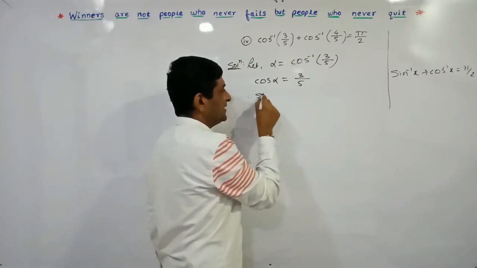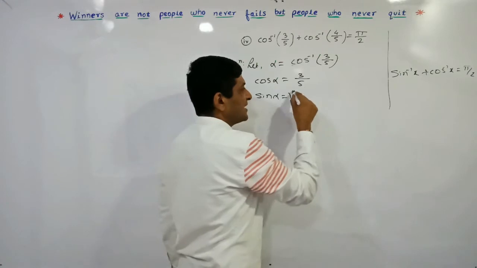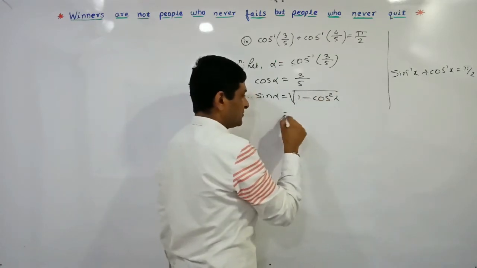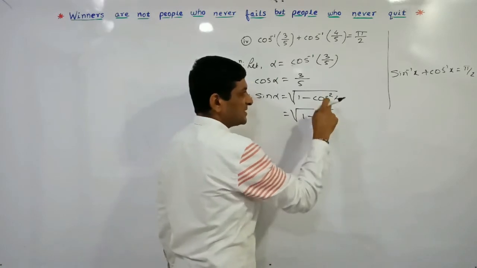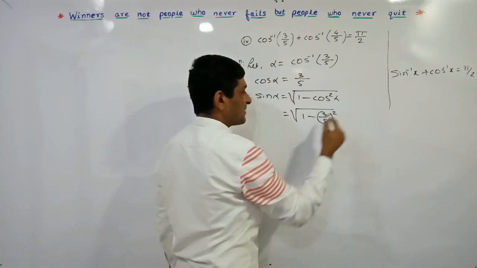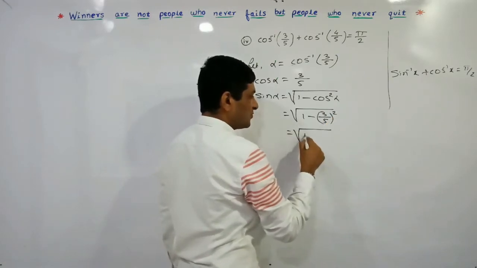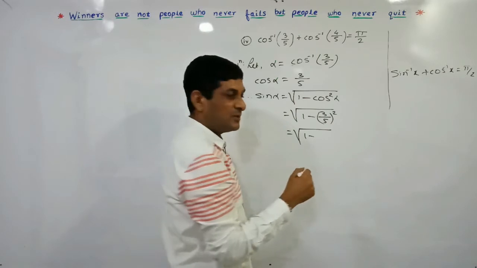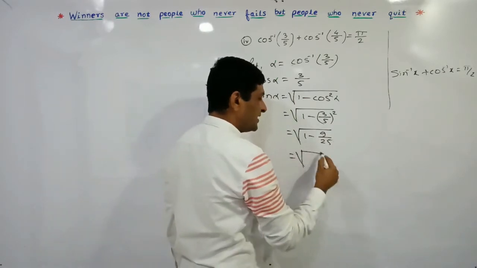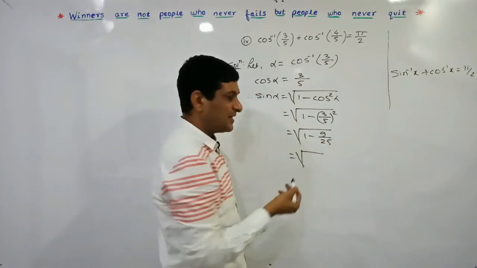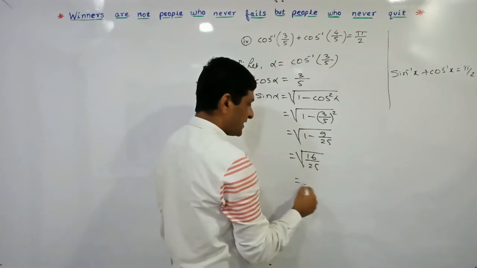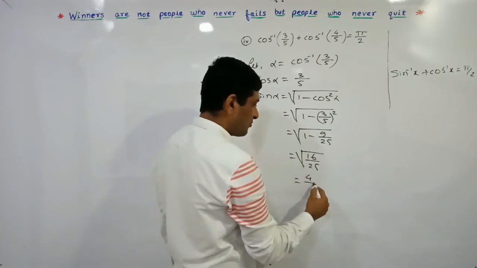So sine alpha, according to the identity, can be written as under root 1 minus cos square alpha, which is equal to under root 1 minus, replacing cos alpha by 3 by 5, 3 by 5 whole square, which is 9 upon 25. Taking cross multiplication, 25 minus 9 is 16 upon 25. Taking the square root, we get 4 by 5.